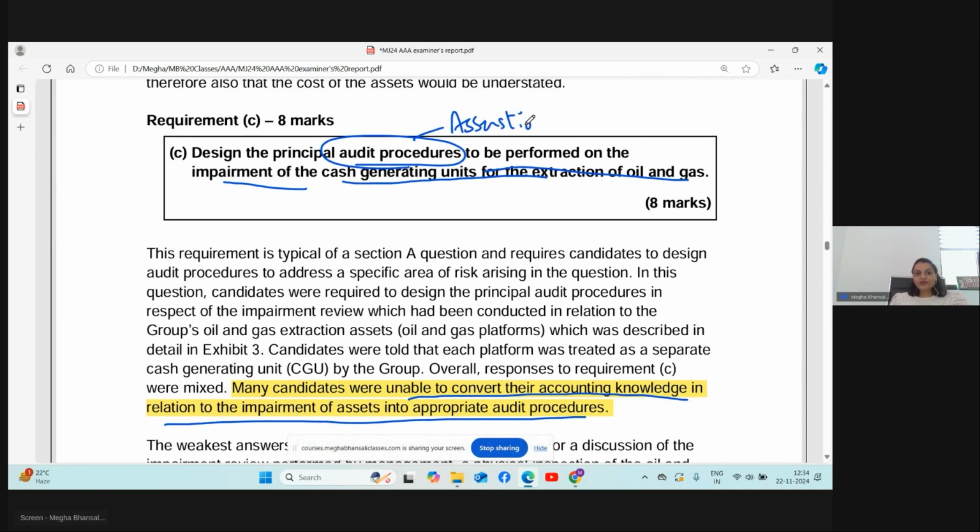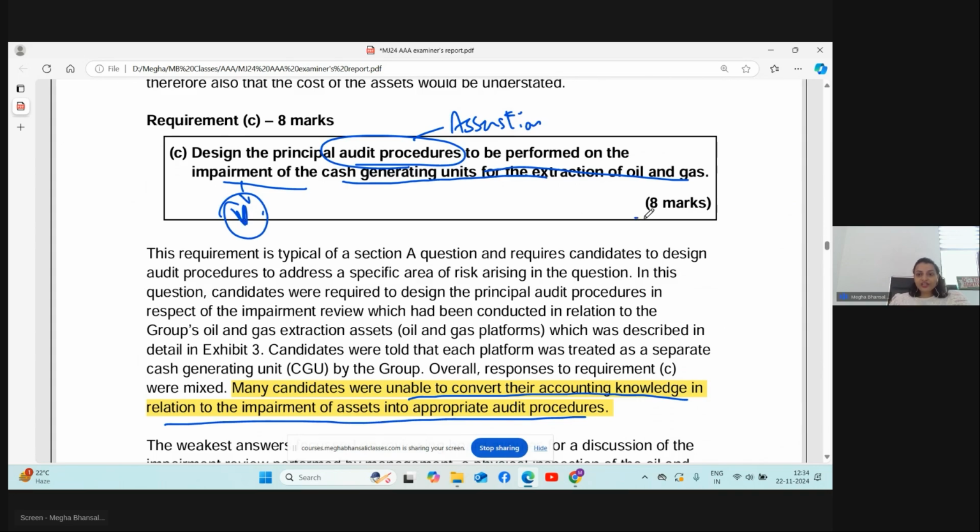So in case of impairment I am focusing more on valuation. So you could speak more around valuation. How am I valuing my asset? How am I getting the carrying amount? How am I getting the recoverable amount? How am I getting the value in use? So start thinking in line with assertions and then put your procedures.